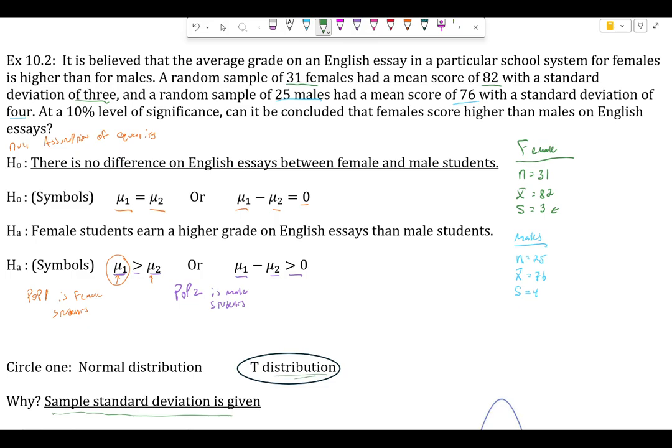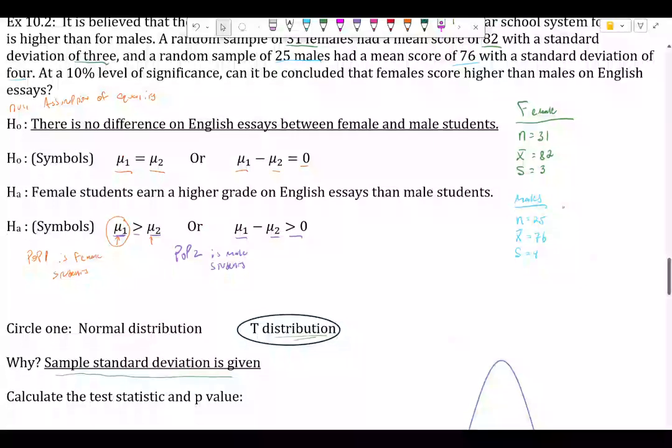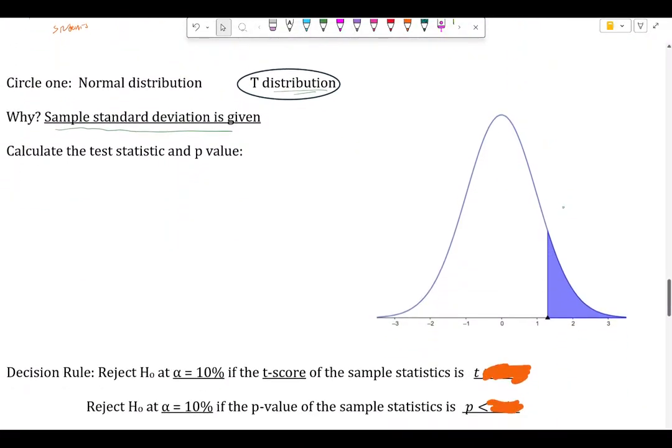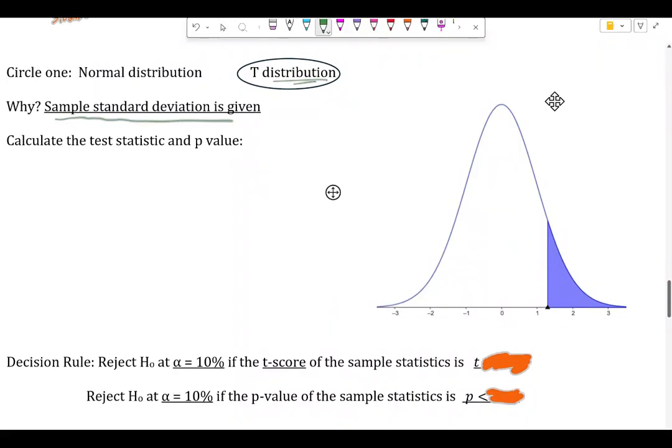All right, from here, we're going to take our null and alternative hypotheses and determine the rejection region. The rejection region will be the critical values or the critical region of the graph, where if our sample data lies within it, that means that we have enough evidence to reject the null hypothesis. So reject H sub 0.